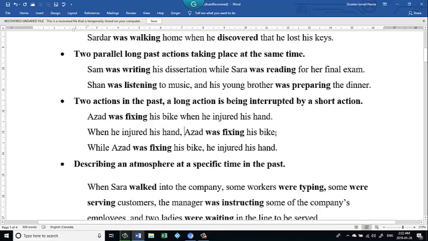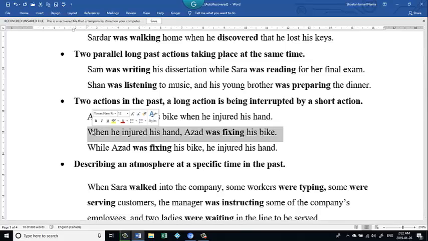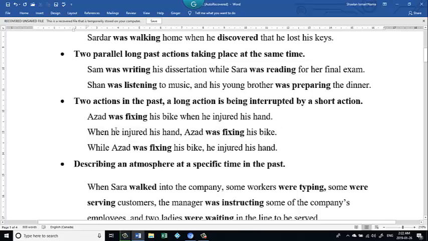If you look at this, grammatically it's correct, but logically it's not that strong. When he injured his hand, Azad was fixing his bike. We could say when Azad, it's going to be better. When Azad injured his hand, he was fixing his bike. That's better. Let's go to the sentences.